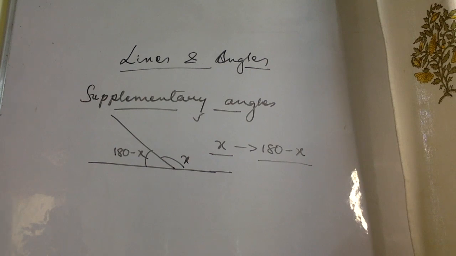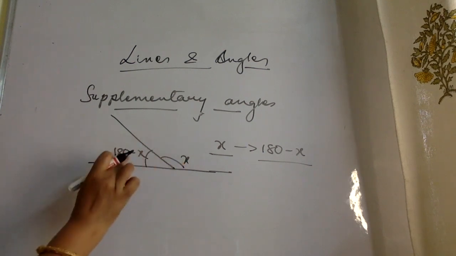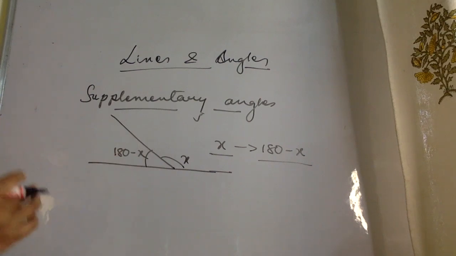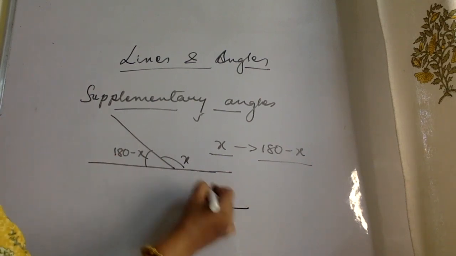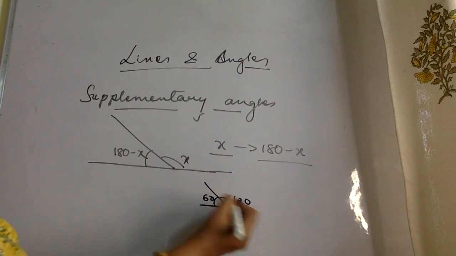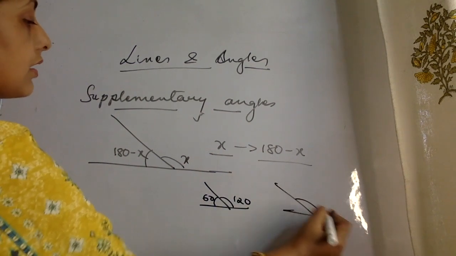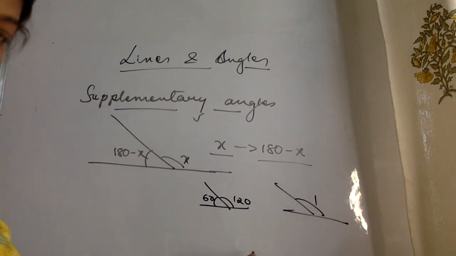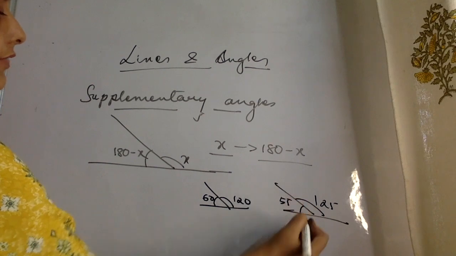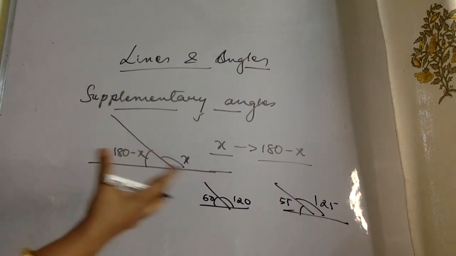Each one is the supplementary of the other. We can form a supplementary pair using 120 and 60, or 125 and 55. So these are supplementary pairs.